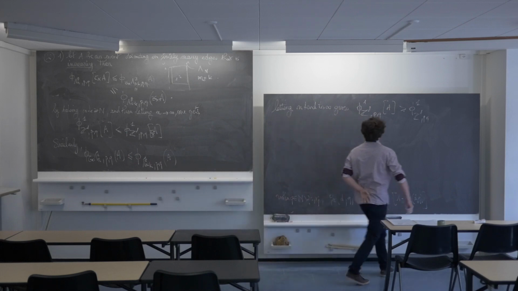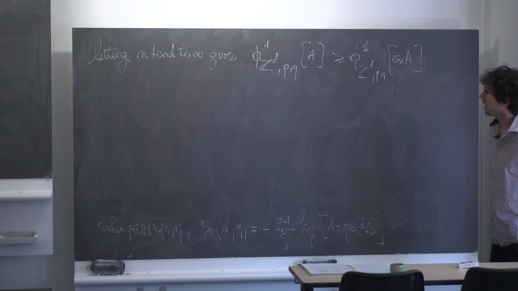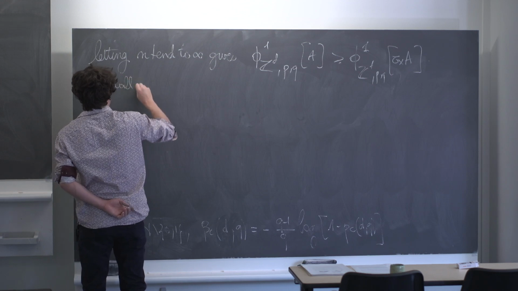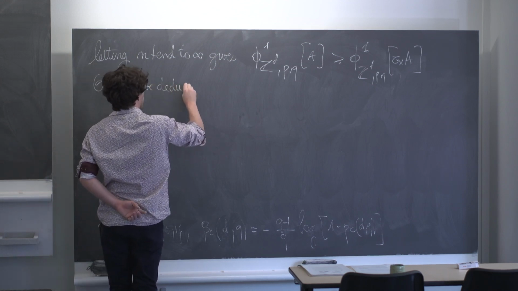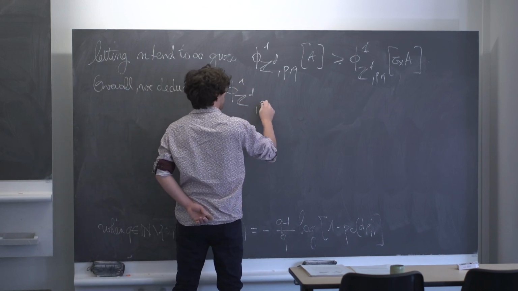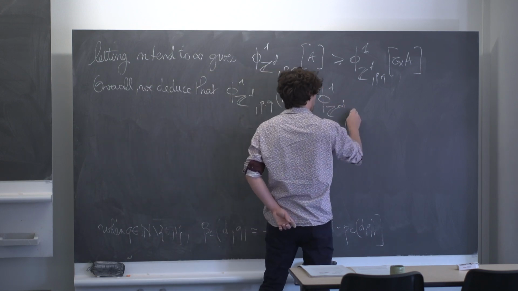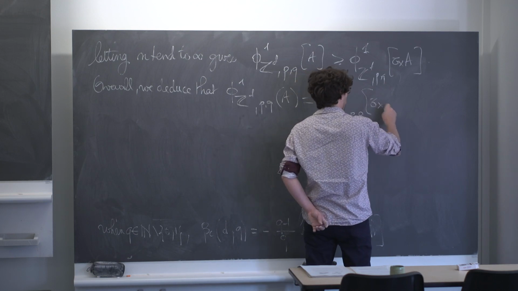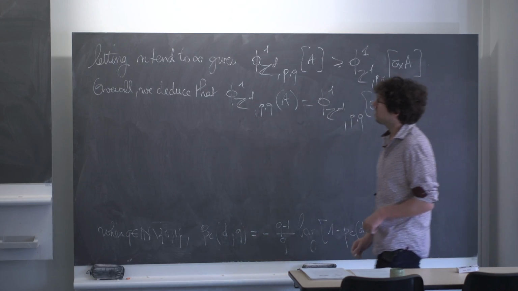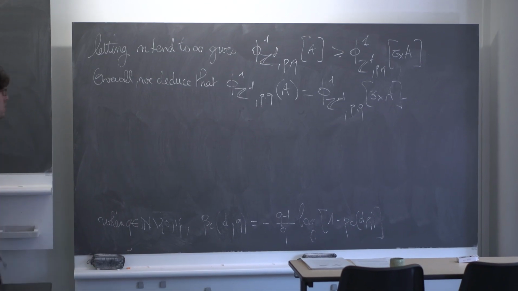So now when I do this, I get tau x of A on the right, and overall we deduce that phi 1 ZD PQ of A is equal to phi 1 ZD PQ of tau x A. Since this is true for any increasing event depending on finitely many edges, by inclusion-exclusion it's true for any event depending on finitely many edges.